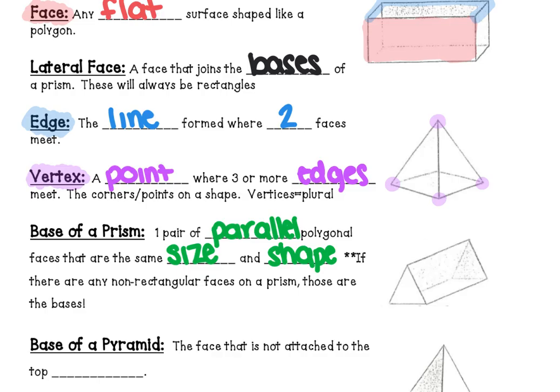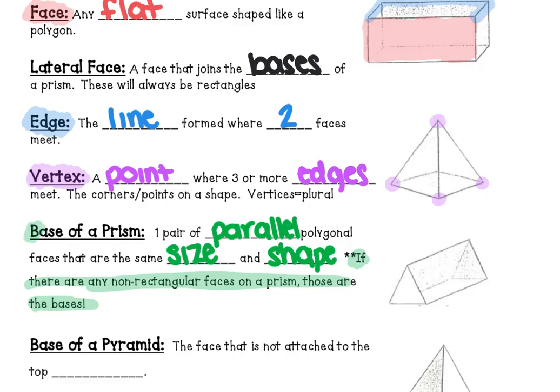We're going to talk about the difference between a prism and a pyramid here in a second. But a big hint, this thing with the asterisks here, is a pretty big hint for prisms. If you have any non-rectangular faces on a prism, those are the bases. So that sentence right there. Non-rectangular means any shape that's not a rectangle. On a prism, those would be your bases.